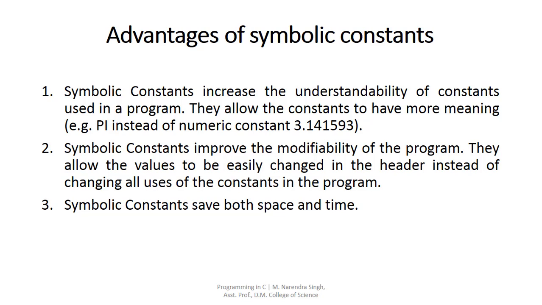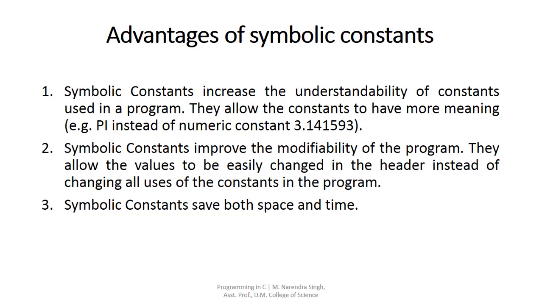For example, if we use the symbolic constant pi instead of numeric constant 3.141593, it increases the understandability of the program, because when we use the numeric constant 3.141593 inside a long complicated program, it might just look like any other numeric constant, not the value of pi. So it is always recommended to use the symbolic constant pi instead of numeric constant 3.141593 to represent the value of pi.